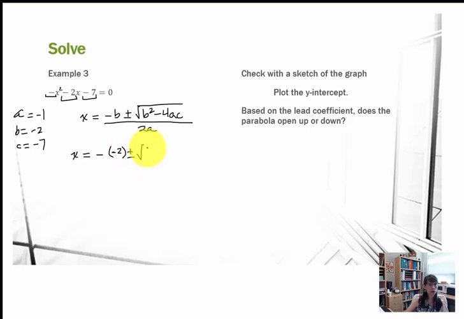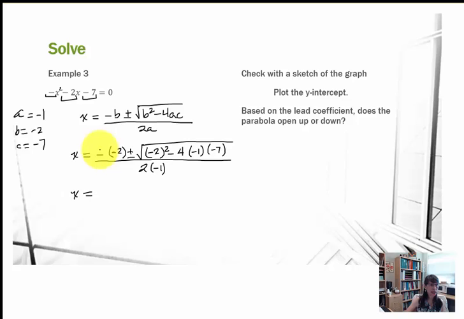Plus or minus square root of b squared. Again, we need to have that negative included in the quantity. Minus 4 times a times c. So I substitute negative 1 for a and negative 7 for c. Division of 2a means 2 times negative 1.